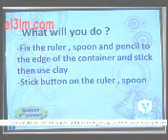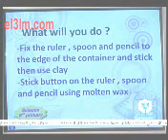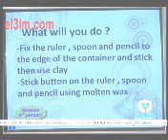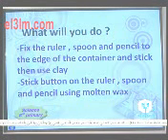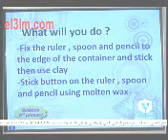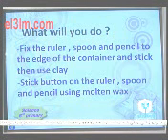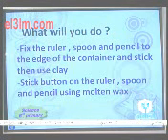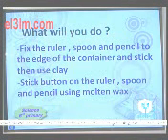Now, what will you do with these tools? The steps will be like this. Fix the ruler, the spoon and the pencil to the edge of the container using clay.